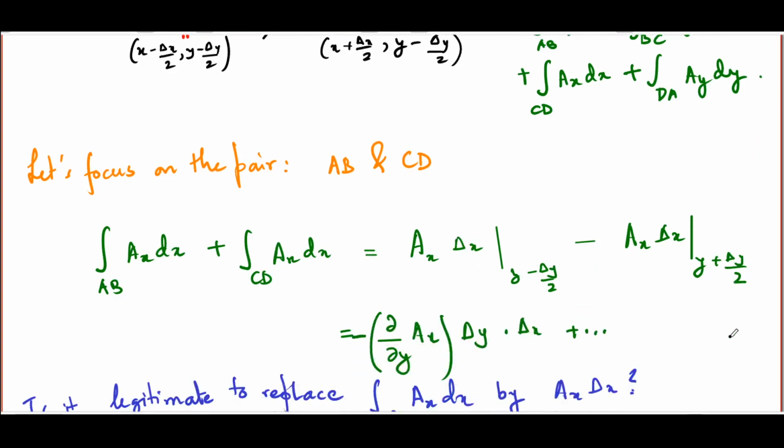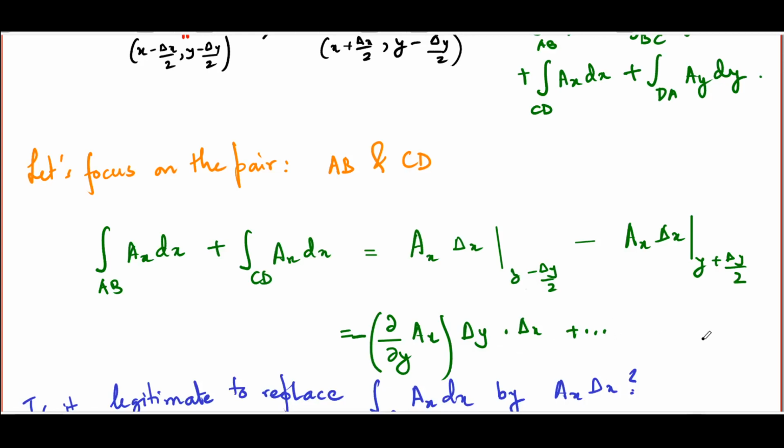And this, when you compare the two values, gave rise to this term, minus ∂Ax/∂y times Δy. That came from the change in Ax when y changed from y minus Δy by 2 to y plus Δy by 2, times Δx, which came in for a ride, plus higher order terms.